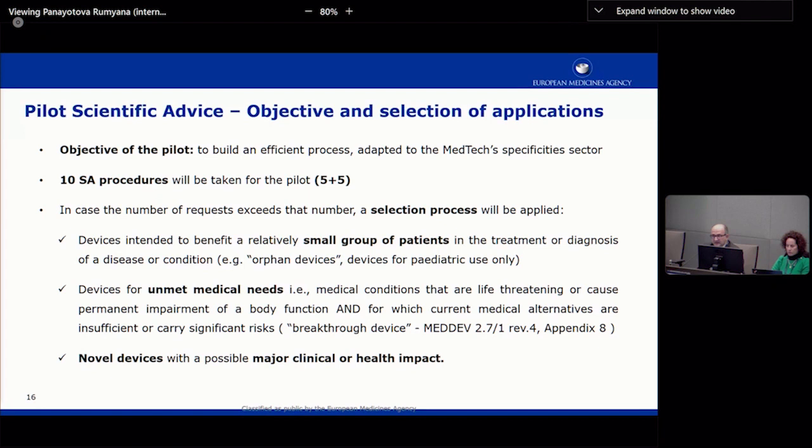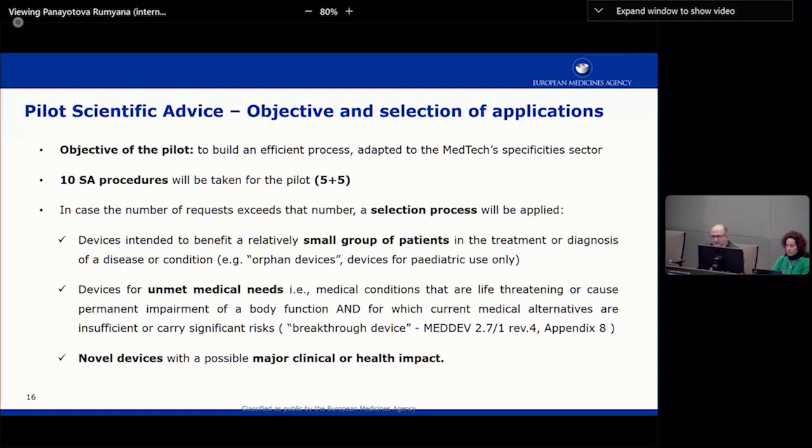In case the applications exceed the number of 10, we will use a selection process to ensure that different areas are covered, but also that specific current needs for devices in the European Union are, in a way, supported by this pilot project.